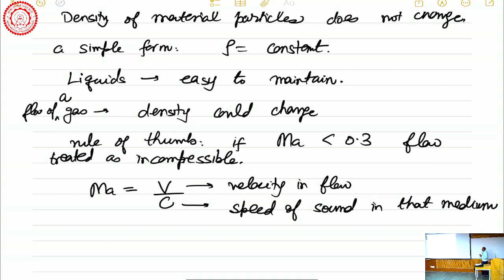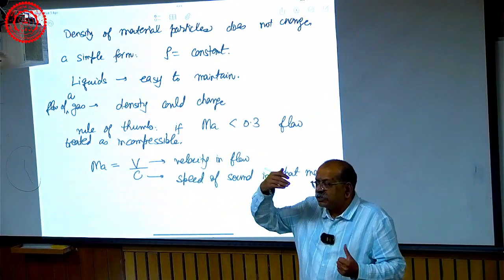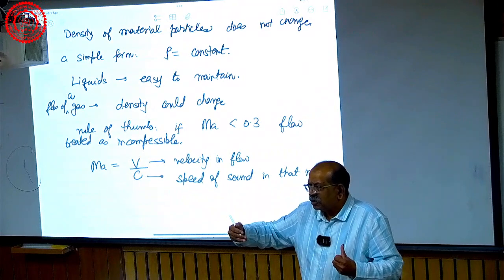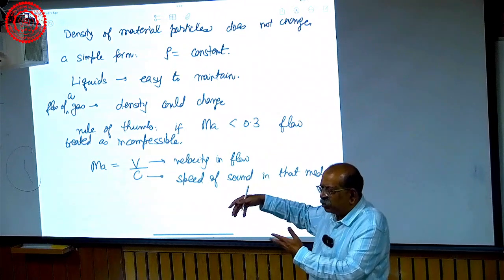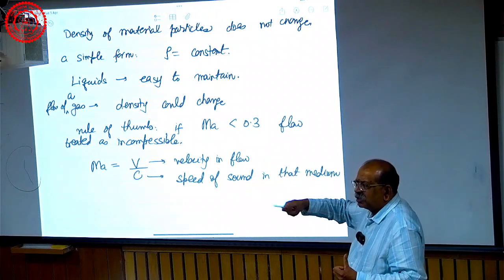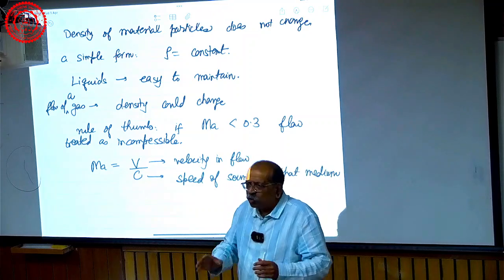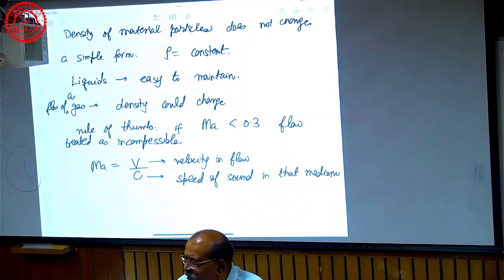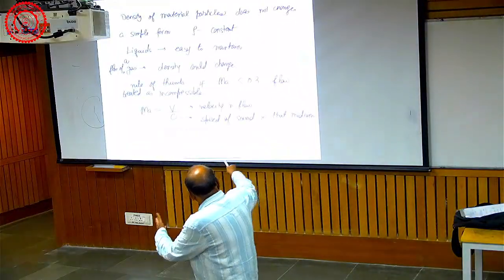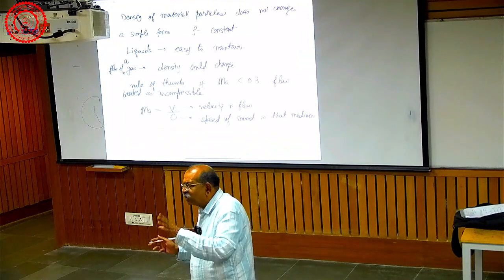Actually the speed of sound comes because this is related to how density changes with pressure. C is equal to square root of dP by d rho. We are not doing compressible flows, otherwise I would have derived that relation in the class. But here you will have to take this for granted, that you look at the typical flow speed, divide that by the speed of sound in that medium, and if this is less than 0.3, you can assume the flow is incompressible. That is, the density is not changing.